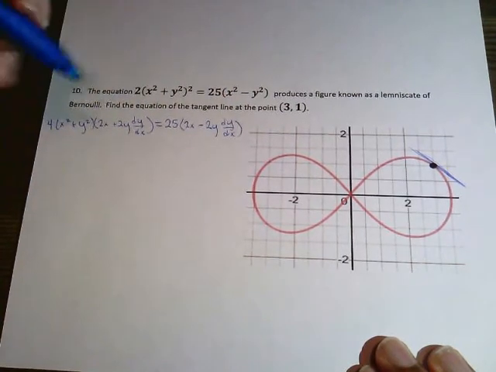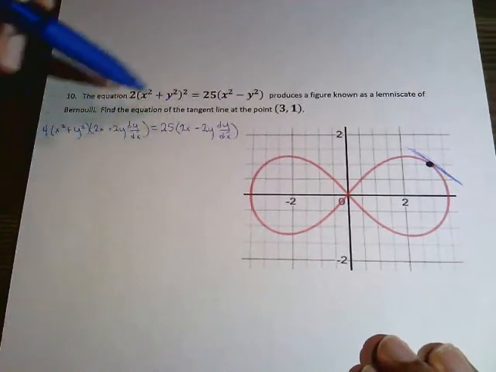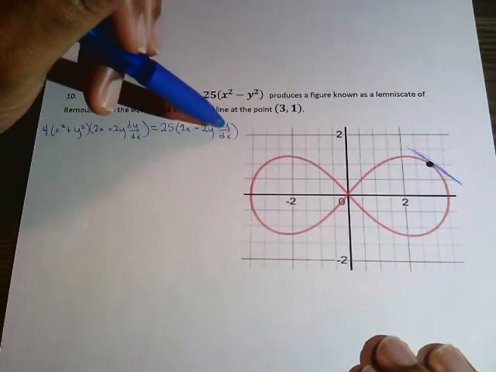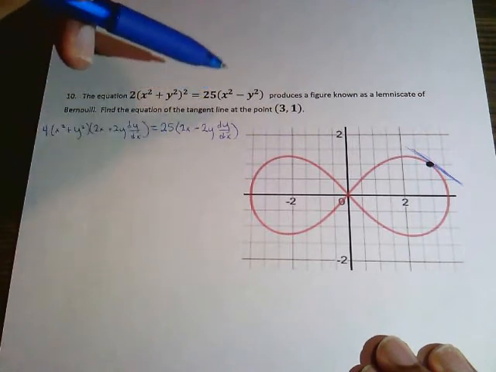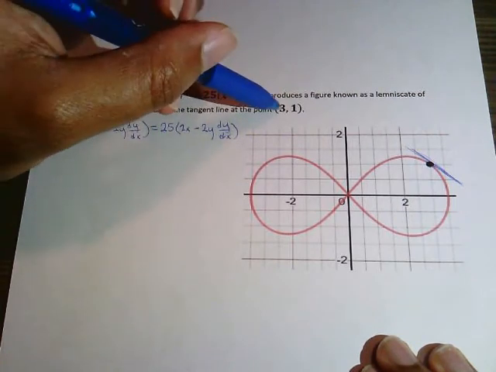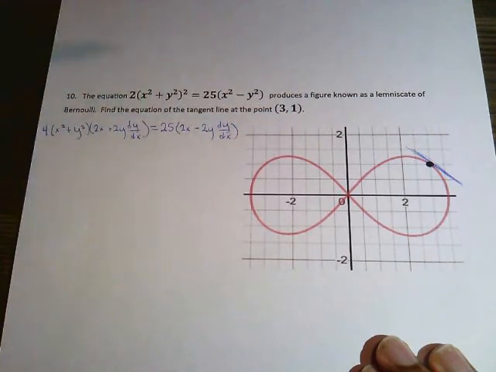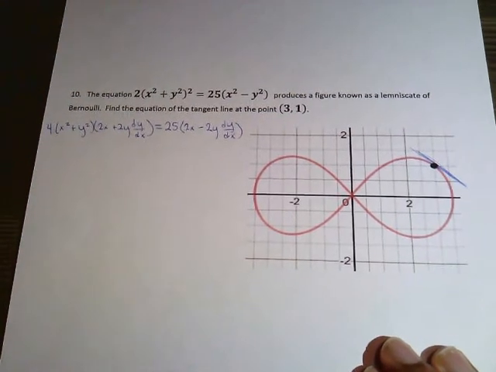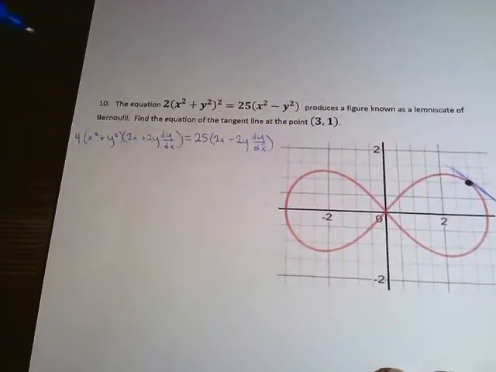Then again, remember, we could distribute and FOIL and move everything around to get dy/dx by itself later, but what we want to do now is just go ahead and plug in 3 and 1 to make the rest of our solving and simplifying easier.